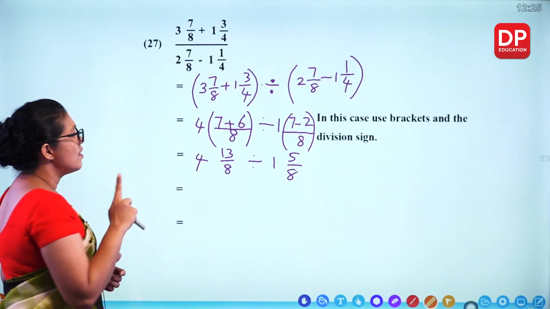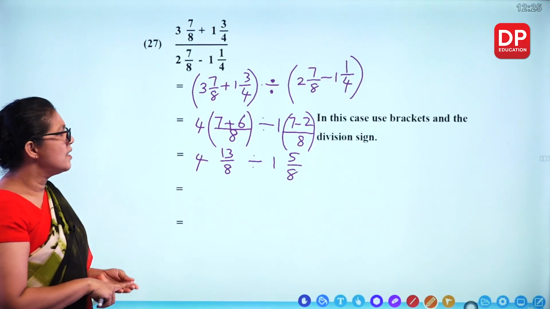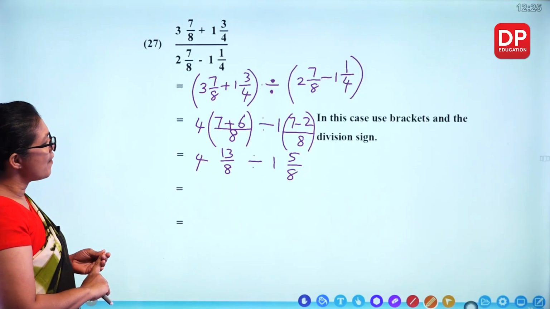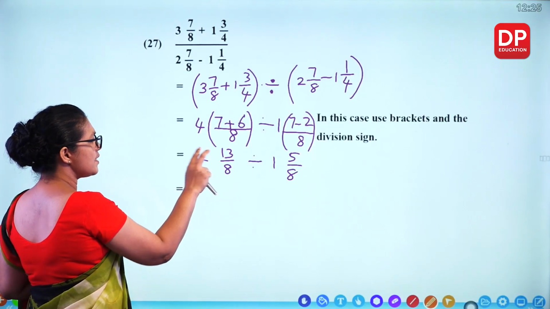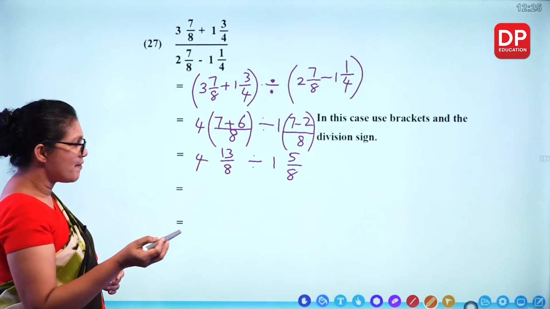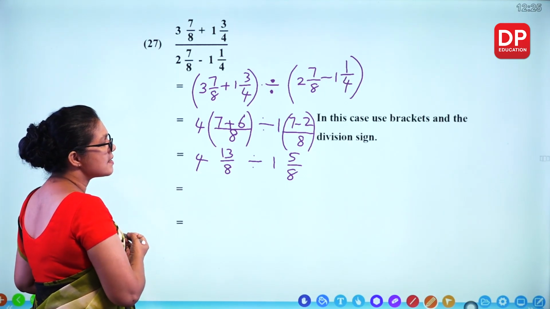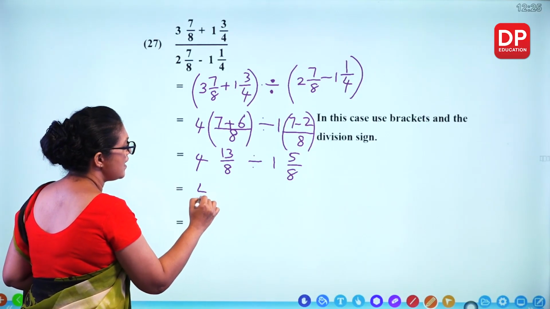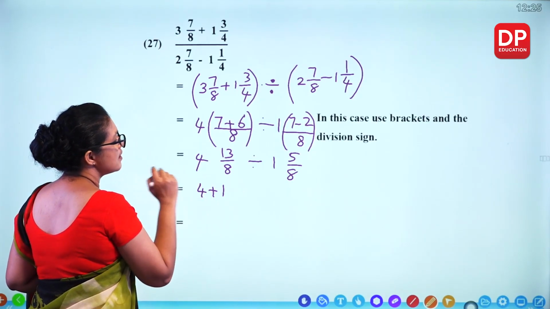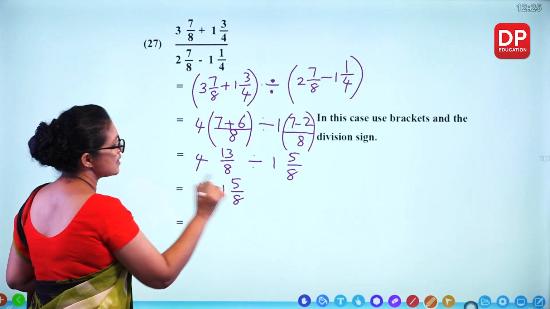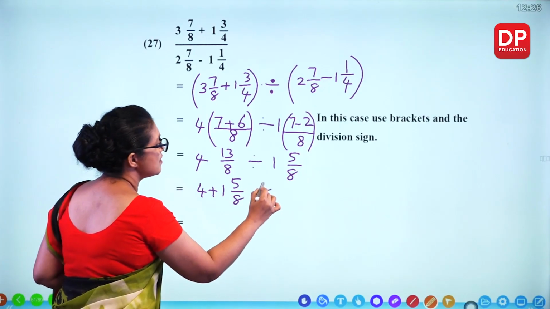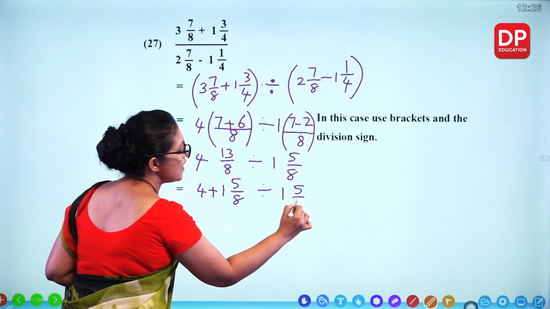Here 13 over 8 is also an improper fraction. So convert to a mixed number. 1 and 5 over 8. Divide by 1 and 5 over 8 here.